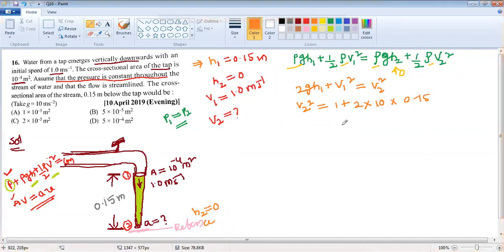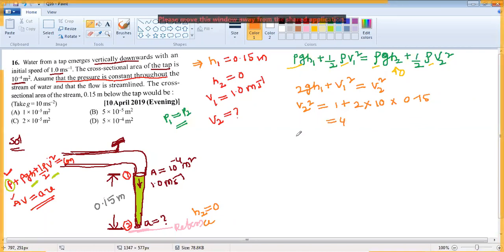So 10 into 0.15 is 1.5, into 2 is 3. 3 plus 1 is 4. Therefore V2 is equal to 2 meters per second.